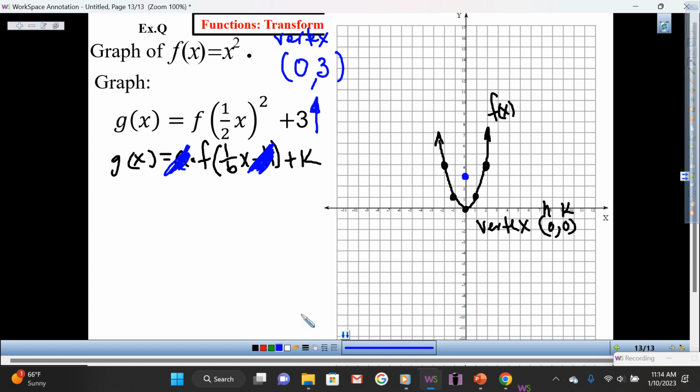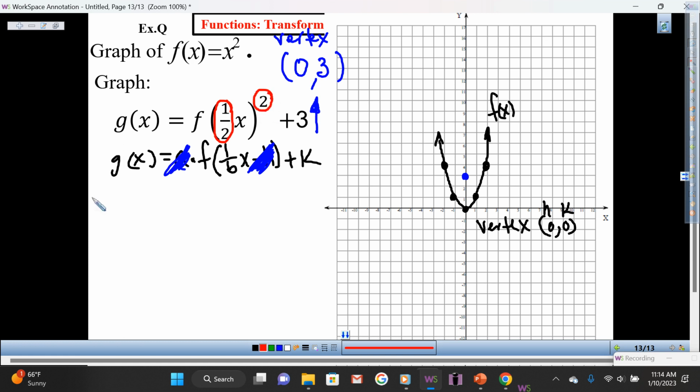However, we do need to worry about what? 1 over b, which is this one. So circle that in red. We need to take care of that. Here goes a note: whenever we have a number inside of the parentheses multiplying x, we need only one table, and we do need to use the exponent.